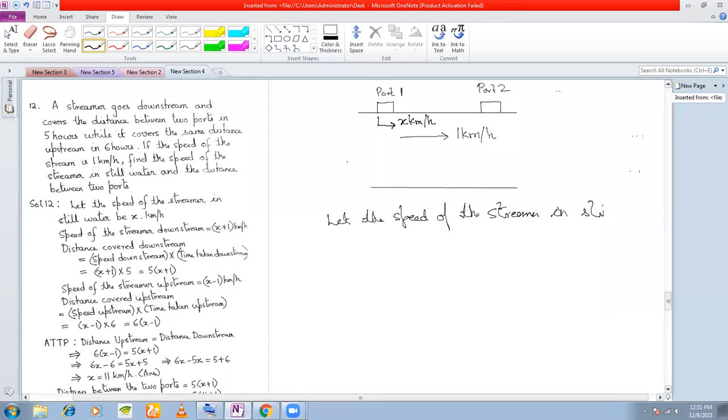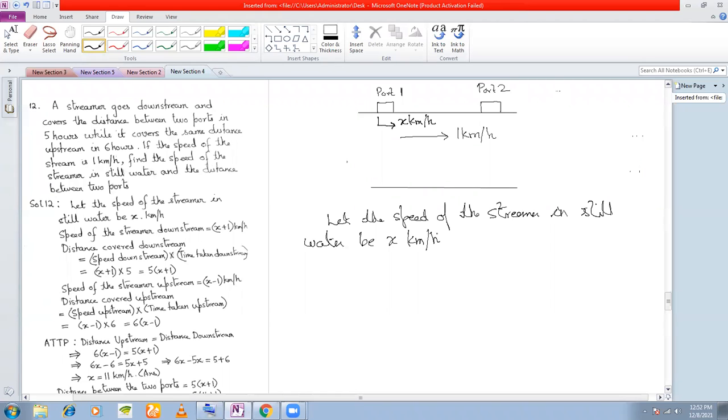Still water means, suppose the water was not flowing. The stream is flowing here, but suppose if it is not flowing, then also the streamer would have sailed through, right? Suppose the water was still and the streamer sailed through at the speed of x kilometer per hour, right?